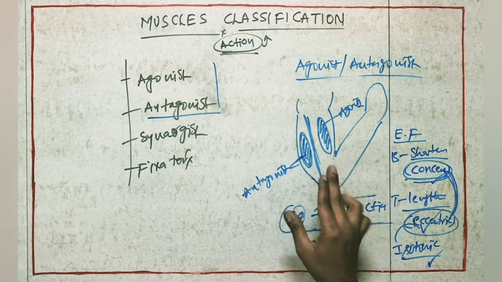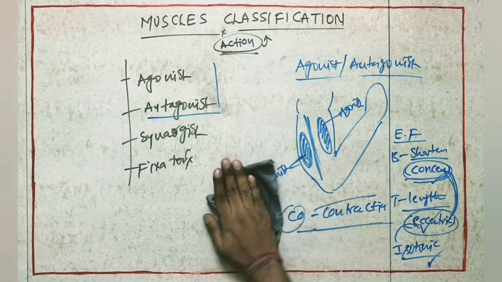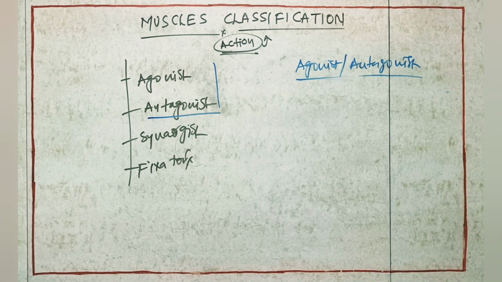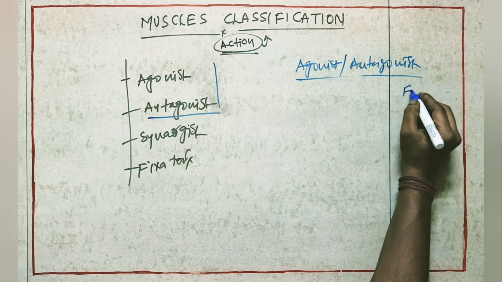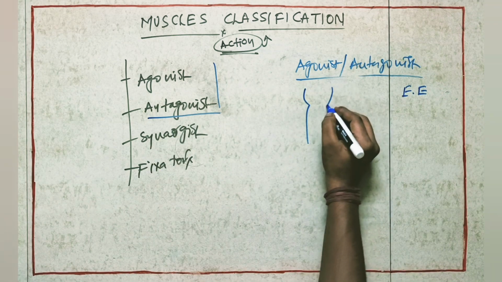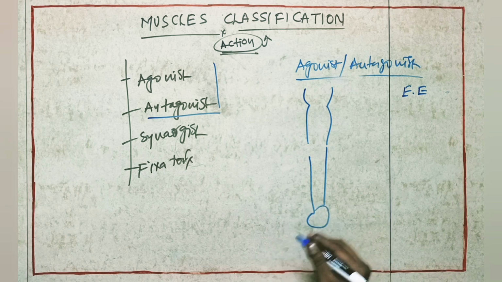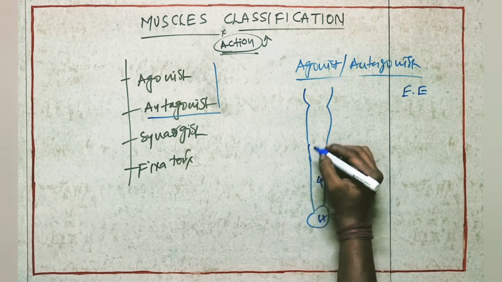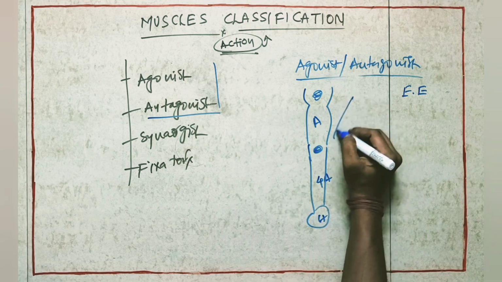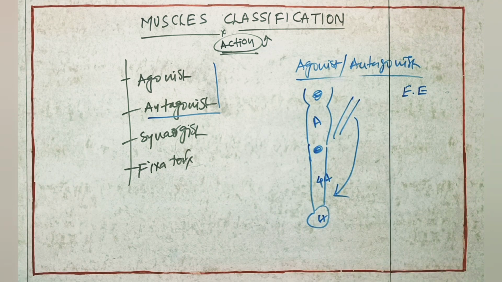The same co-contraction we'll see in reverse. Suppose from elbow flexion the patient is doing elbow extension. Suppose these are the arm component, forearm component, and hand component. These are our elbow and our shoulder joint. From flexion the patient did extension.